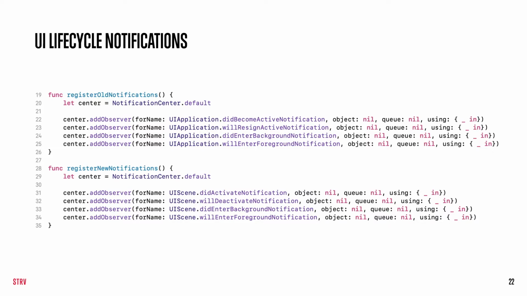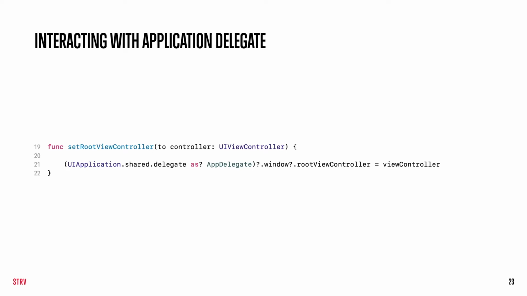Well, these notifications were renamed, so from iOS 13 you are supposed to listen to different notification names, which is not a huge obstacle, but you should be aware of it. Another thing is that the application delegate doesn't have the window property anymore. I hope you don't have this line of code in your app because it's very ugly, but if you do, it won't work.